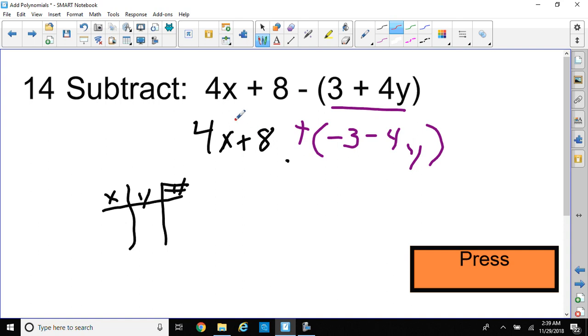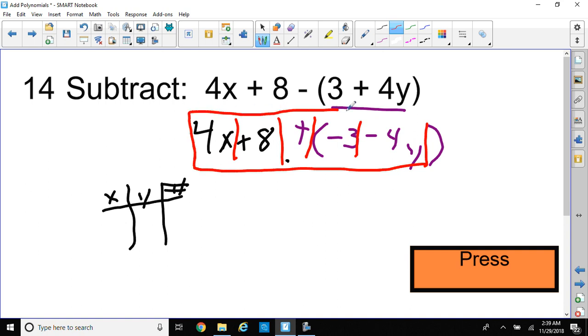I'm going to split this up between the plus signs and the minus signs. And this is our Hershey bar broken into pieces. And I'm going to put my x's over here. So I have a 4x. Put that under the x column.